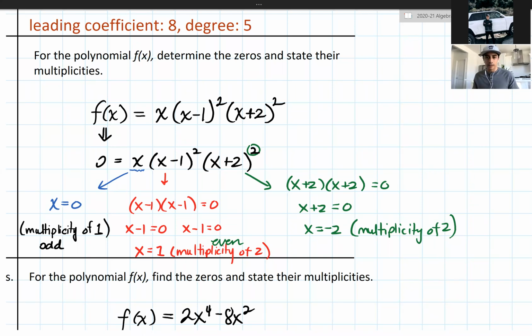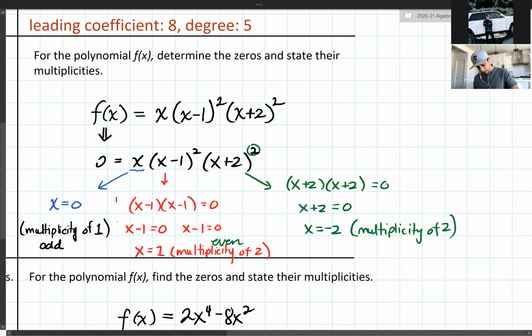Any questions there for example number 1? This is what I have in front of me, pretty much. I know it's a lot to box, but you have your first solution with a multiplicity of 1. You have your second solution with a multiplicity of 2, so we know that that's even.